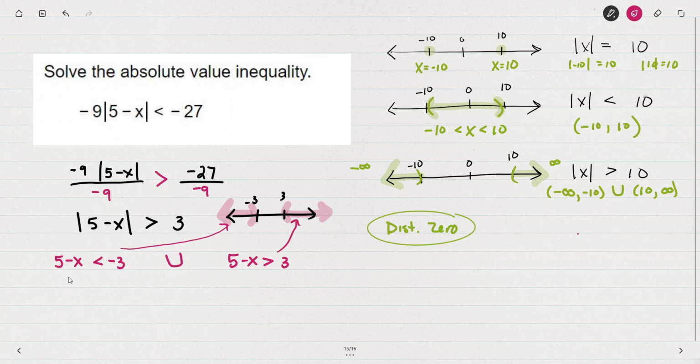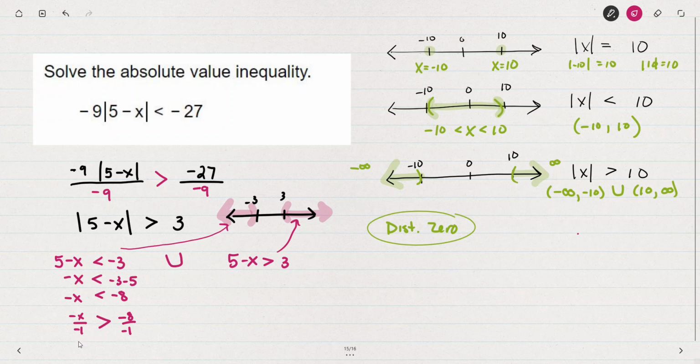When I solve for x, I've got negative x is less than negative 3 minus 5, so subtracting 5 from both sides. So negative x is less than negative 8. And now I'm going to divide by a negative, right? So when I do negative x divided by negative 1, I've got to flip the inequality to be greater than, and then divide the negative 8 by negative 1.